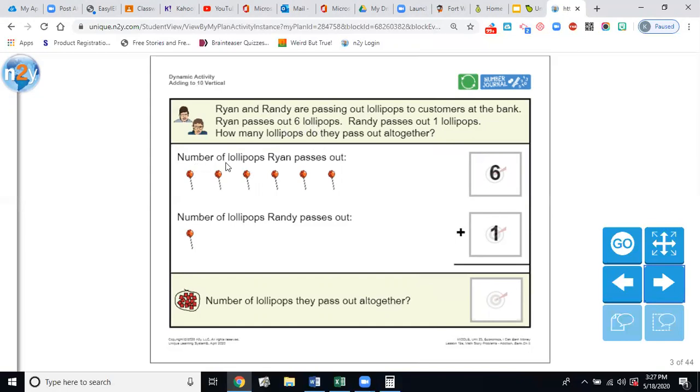So on this day, number of lollipops Ryan passes out is 6. You can look up here in your word problem. Number of lollipops Randy passes out, 1 lollipop. So plus 1. The number that Ryan passes out plus the number of lollipops that Randy passes out equals number of lollipops they pass out all together.